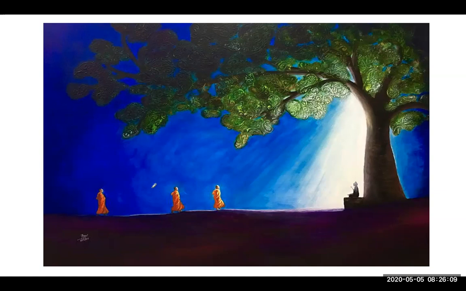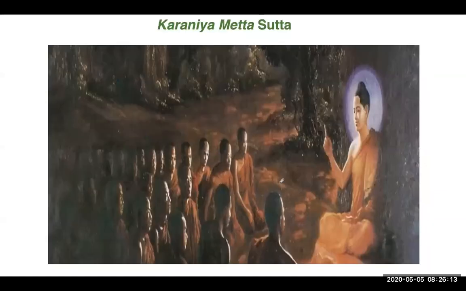So senior bhikkhus visited the Buddha. Once the Buddha listened to this situation, the Buddha instructed them in the Metta Sutta, loving kindness meditation, and advised bhikkhus to return equipped with this Metta Sutta for their protection.